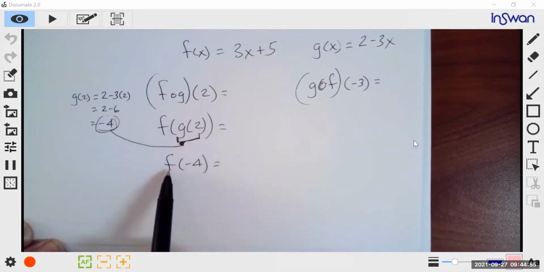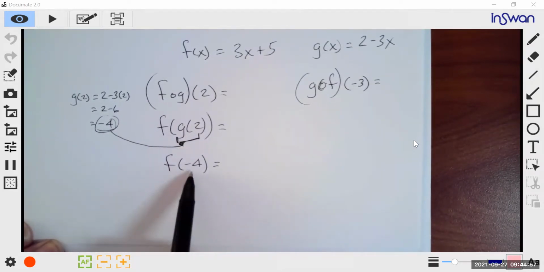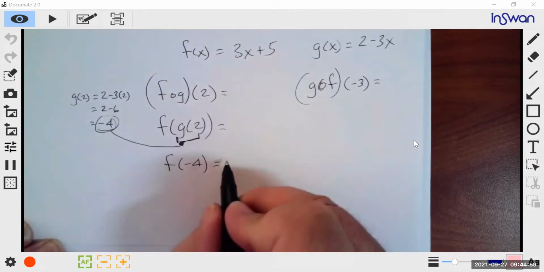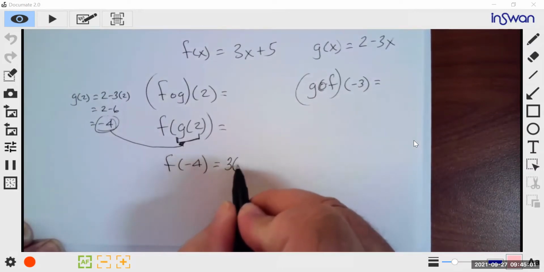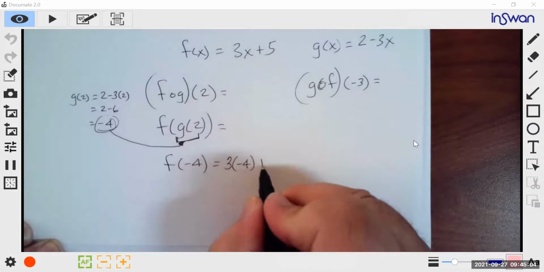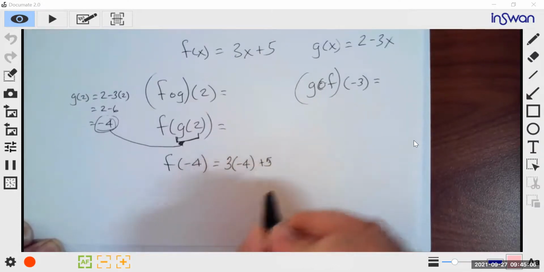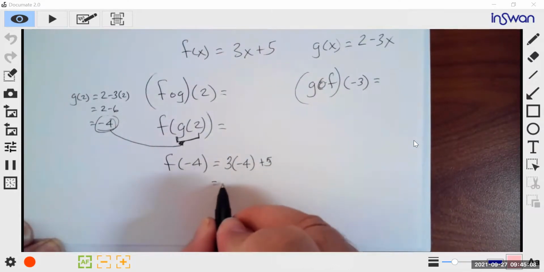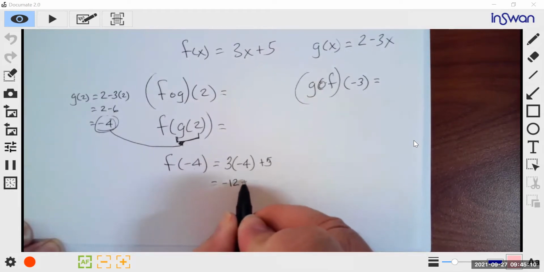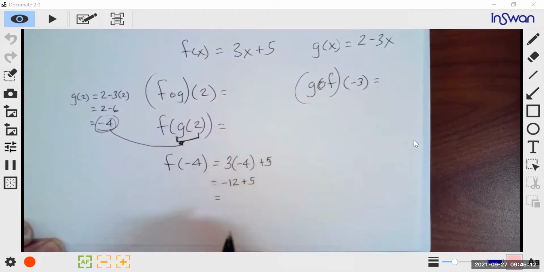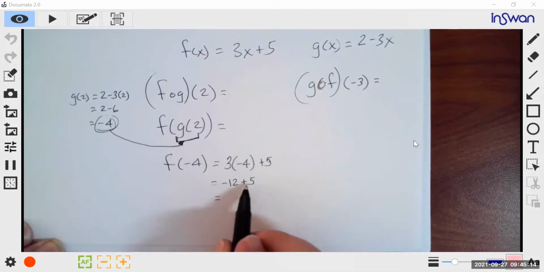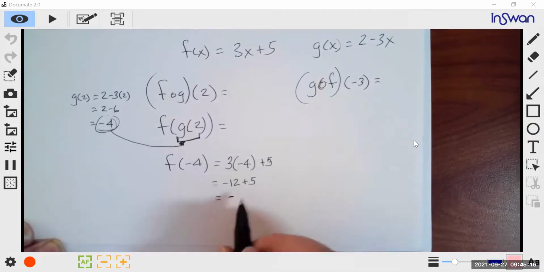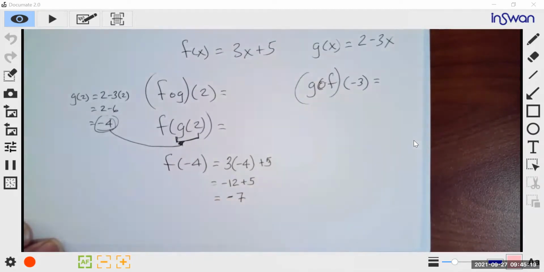So now anywhere we see an x in the f function, put a negative 4. So we have 3 times negative 4 plus 5. 3 times negative 4 is negative 12 plus 5. 12 is bigger than 5. Answer is negative 7.